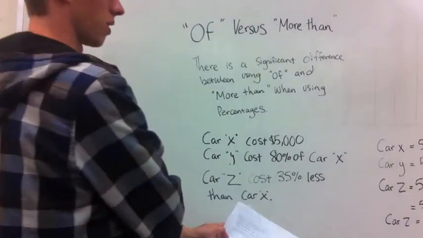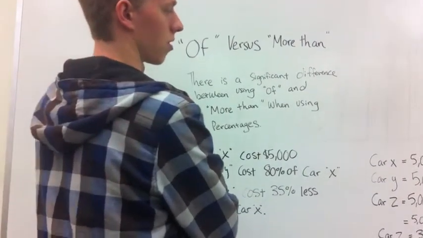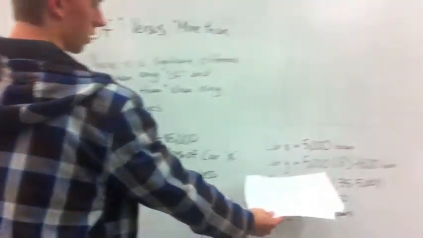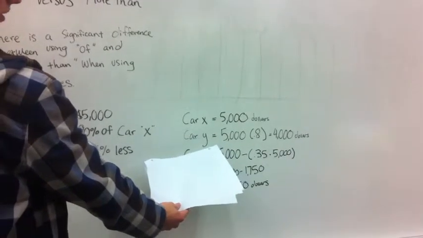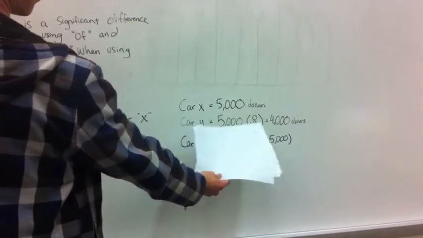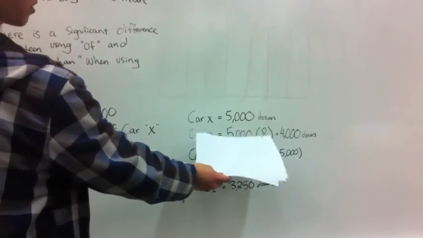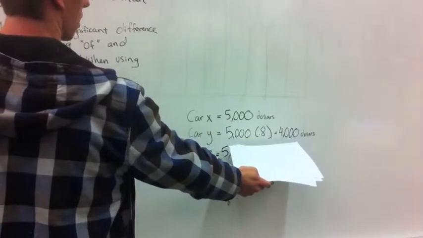So first we have to identify what the variables are and set up the formulas. So here, car X is $5,000. Car Y is 5,000 times 0.8, which is the 80%. So 80% times 5,000 is 4,000. So car Y is $4,000.